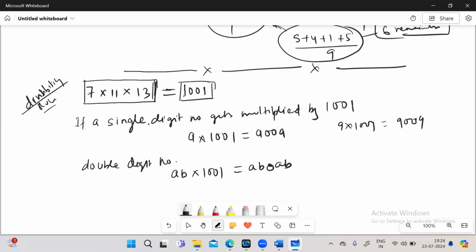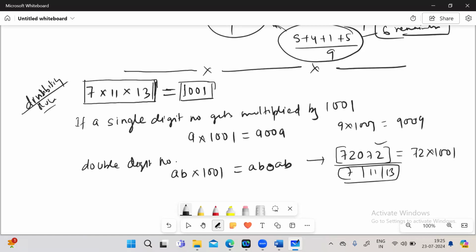So now you can say that 72072, if this is a number, it is divisible by 7, 11, and 13, all three. Because it is a multiple of, or this can be divided into 72 into 1001.